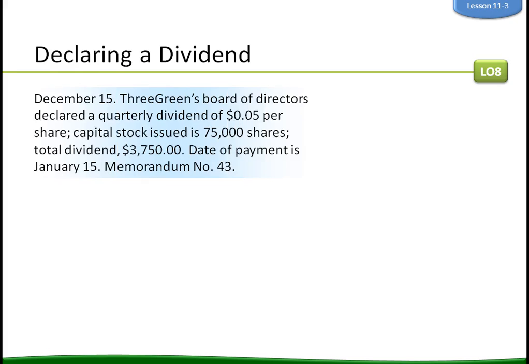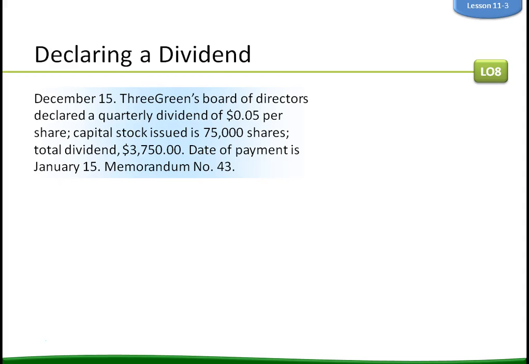So for instance, on December 15th, 3 Green's Board of Directors declared a quarterly dividend of 5 cents per share. The capital stock issued is 75,000 shares, so the total dividend is $3,750. That would be 5 cents times 75,000.